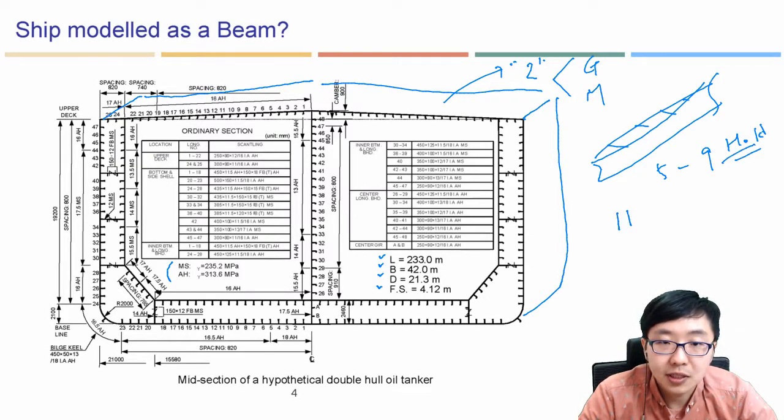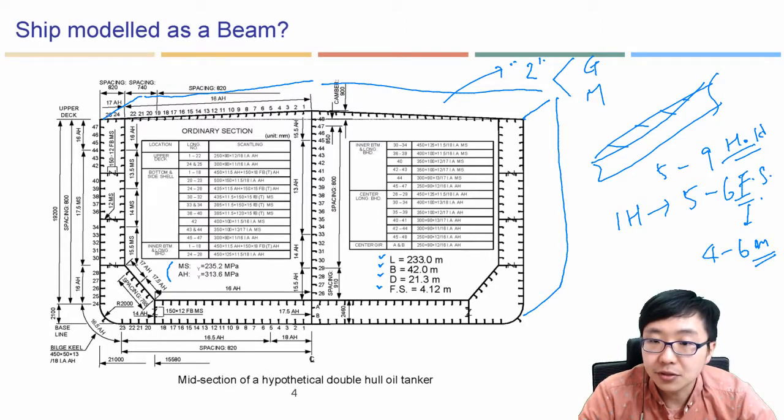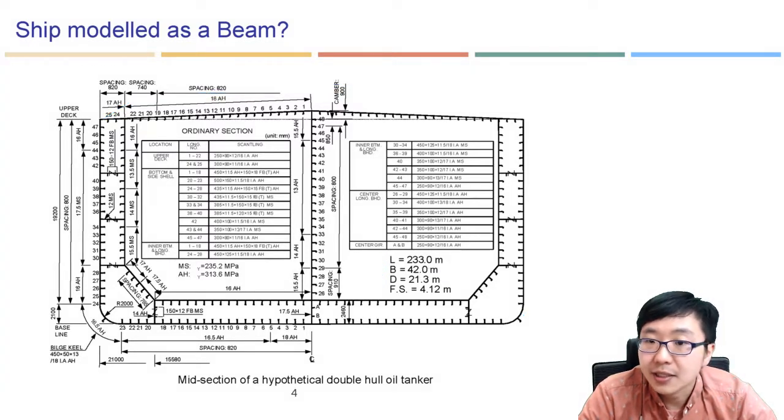So one hold has 5 to 6 frame spacings, frames. So you can understand what I'm talking about. One frame is like 4 to 6 meters. Okay, so one frame spacing is 4.12 meters in this case.